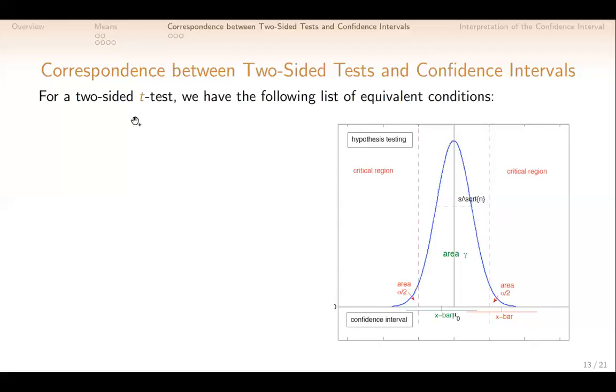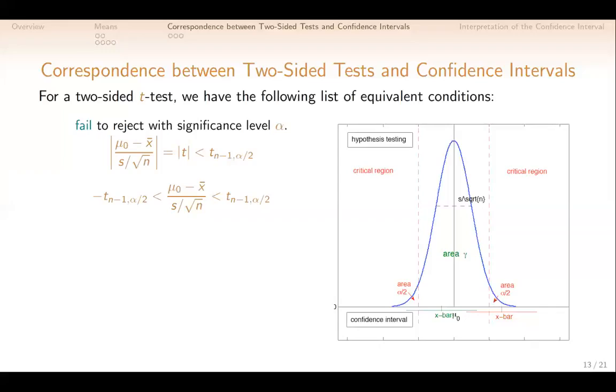So we have this correspondence: we fail to reject with significance alpha. That means that the t-statistic is small. If the t-statistic is small, then I'm just going to do a little bit of algebra on that. I didn't do anything, I just said what absolute value of small meant. And I wrote it a little oddly: I put mu naught minus x bar, and that's just to make the algebra easier in just a minute.